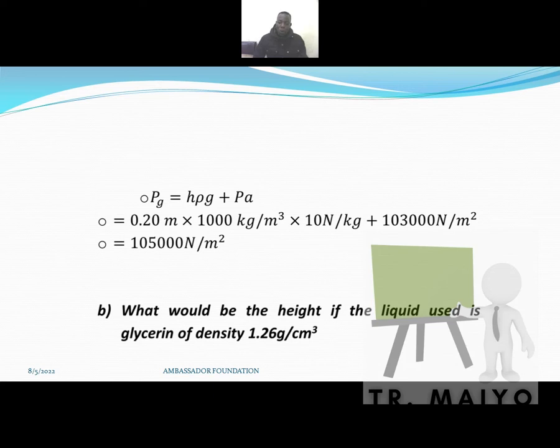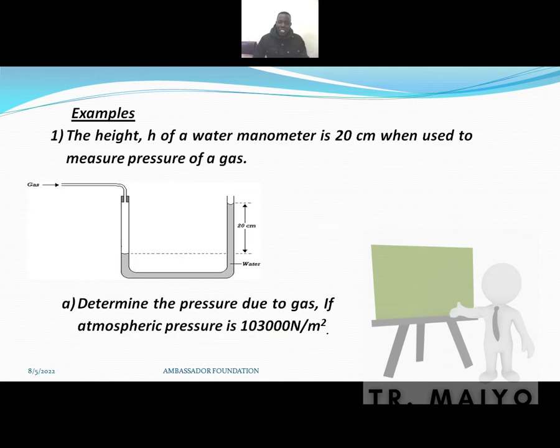What would be the height if the liquid used is glycerin of density 1.26 grams per centimeter cubed? I will just take you back. Now, if we use a glycerin that is denser than water, then the height will drop. So I will just use the rho GH alone to find the height of glycerin.